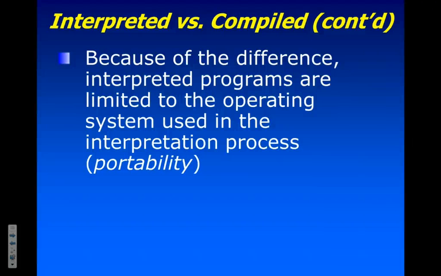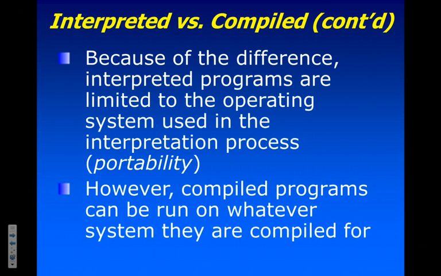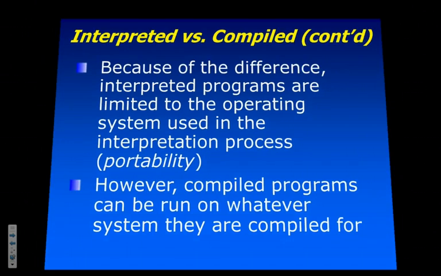And it can run on different pieces of hardware. It can run on a PC, or it can run on a tablet, or it could maybe run on a smartphone. So the software itself doesn't change, like the code doesn't change, just the way it's compiled changes, which is not something you have to worry about, okay? Which is this idea of portability, okay? So compiled programs can run on whatever system they're compiled for.